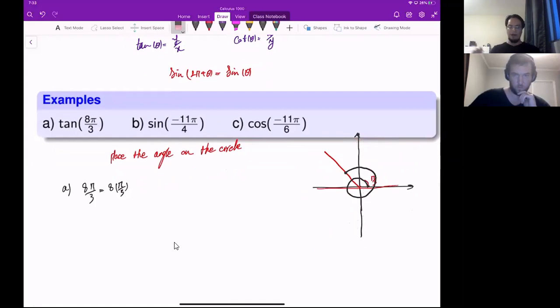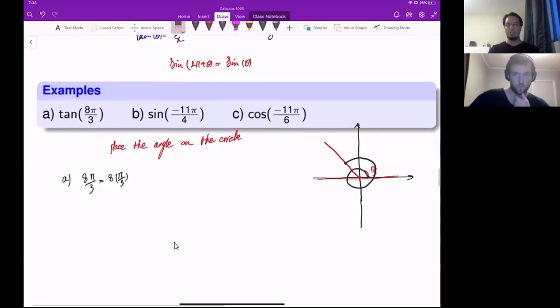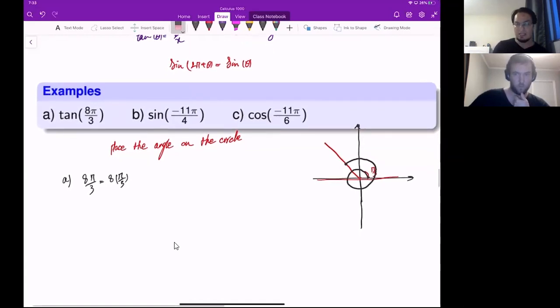Okay, how can I find this one here? Well, place one of these special right triangles, or triangles with special angles, on this coordinate system such that one of the sides is on the x-axis, either positive or negative.